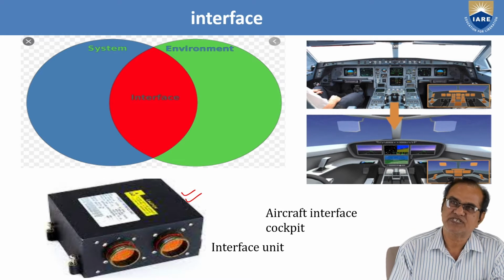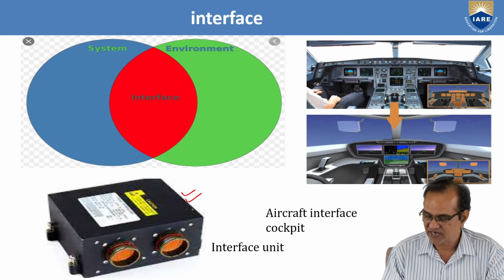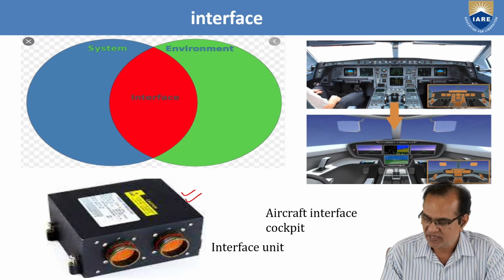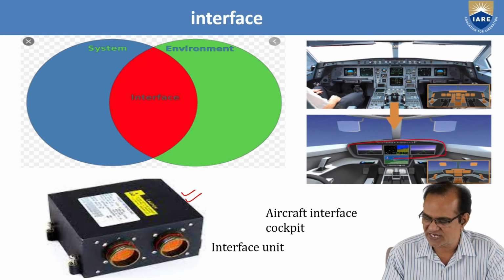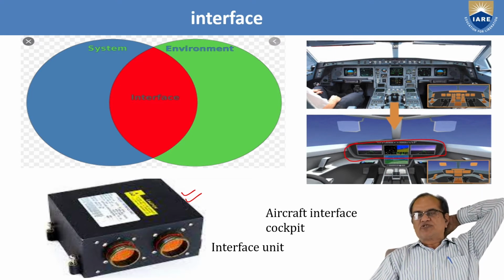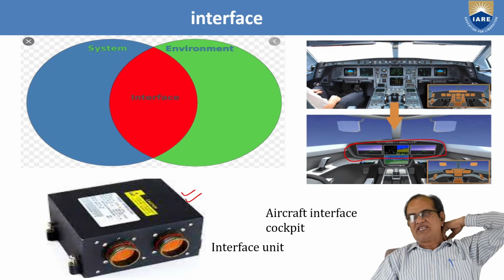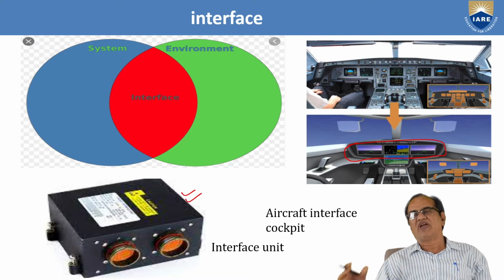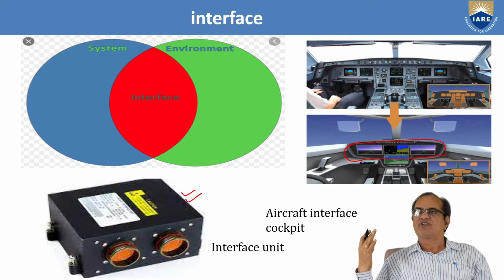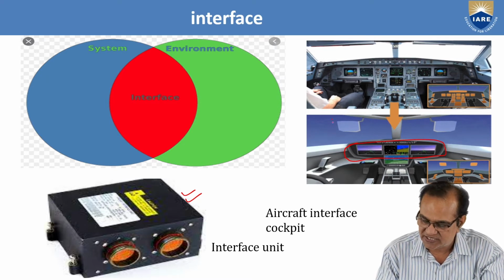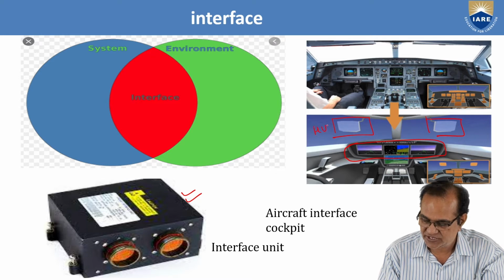This interface unit makes the aircraft interface in the cockpit. The pilot is able to see the cockpit very nicely, and it should give correct readings and values so that the pilot does not get any confusion. As you can see here, this is the head-up display, HUD.